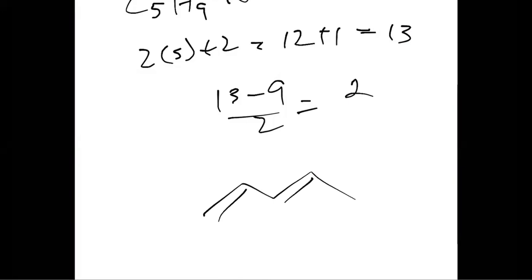And then on this end, I'm going to add in my nitrogen. Nitrogen is neutral, so I'm going to put 2 hydrogens on that, right? And then everywhere else, I'm going to put in my hydrogens.